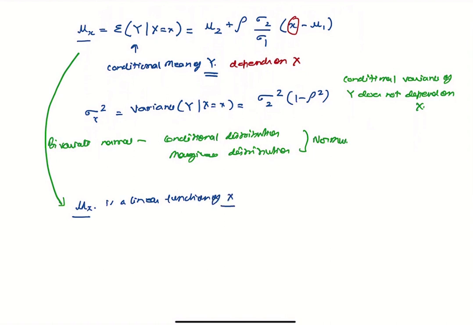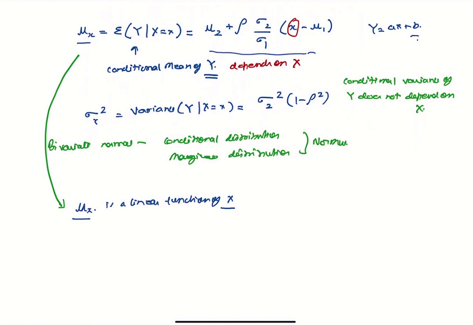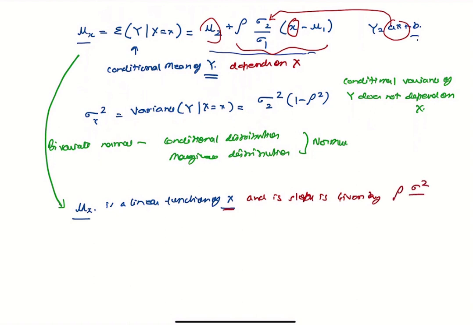If you think of this as a linear equation, y is equal to ax plus b, this little thing here can be b, and this thing becomes the slope a. So the conditional mean is a linear function of x, and its slope is given by rho sigma 2 upon sigma 1.